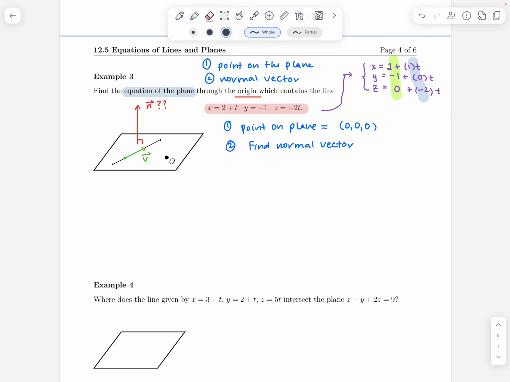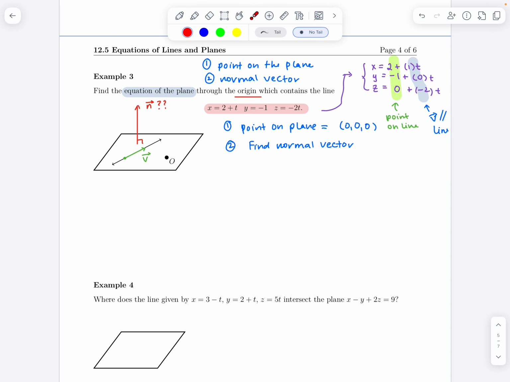So just to label that real quick, this is a point on the line, and then these other coefficients are telling me a vector v that is parallel to my line. So we have that pictured in our picture there.